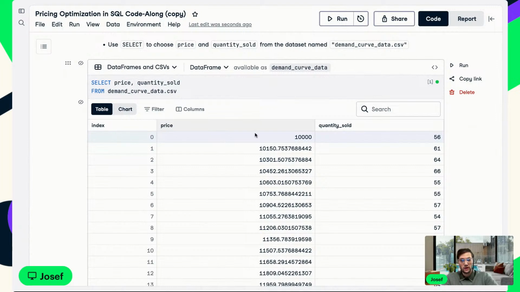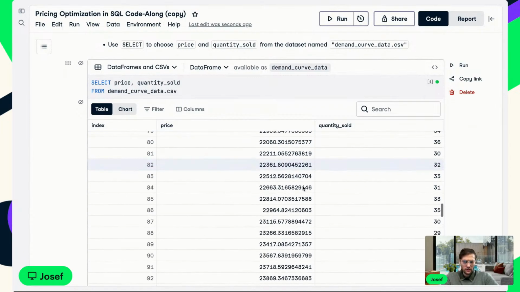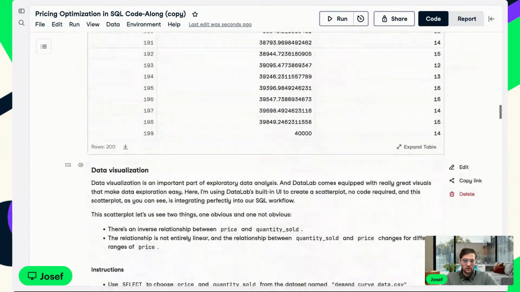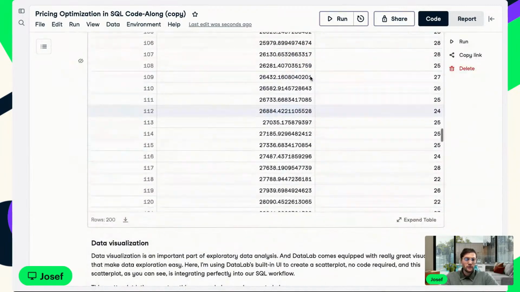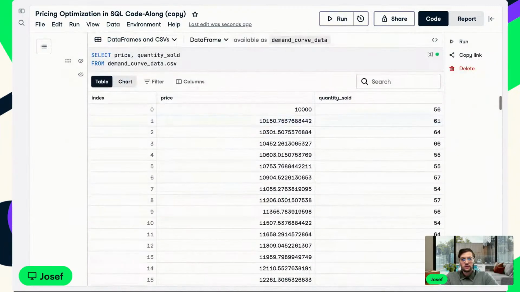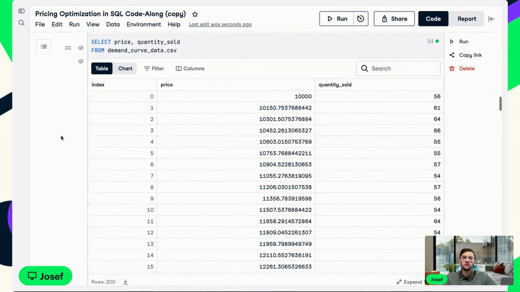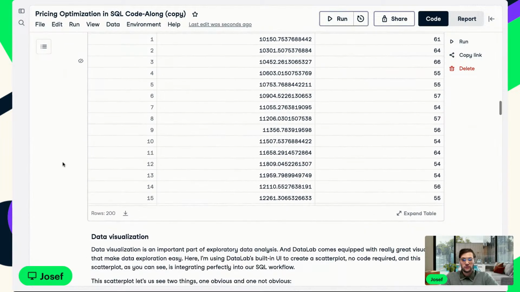So on day 1, let's say you sold your products for a cost of 10,000, and you sold 56 of them. The range here is 10,000 to 40,000. It's not labeled. You can imagine we sold designer watches or motorcycles or whatever. And that's the beauty of this, is that this kind of analysis you can use anywhere, as you'll see.